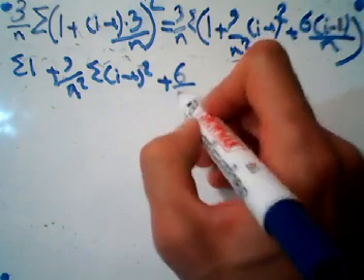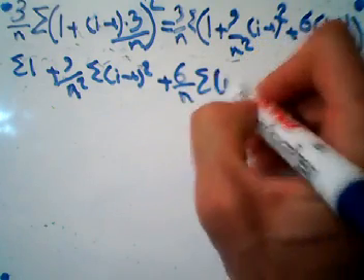Okay, it comes out, that would be 6 over n sigma of (i minus 1).